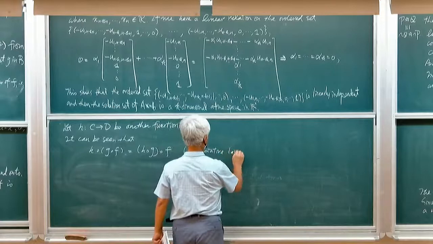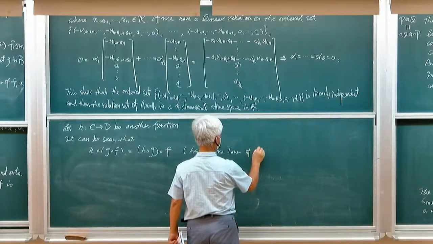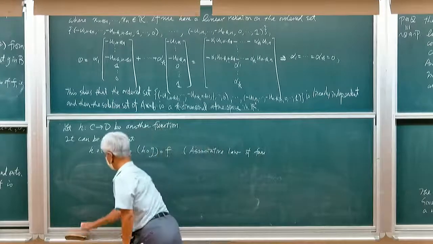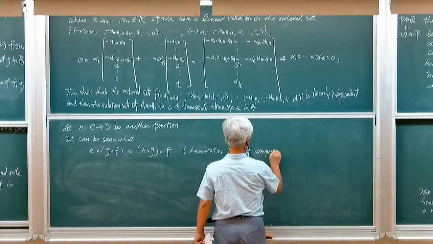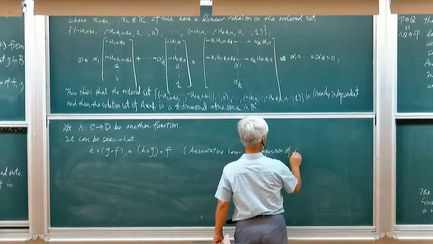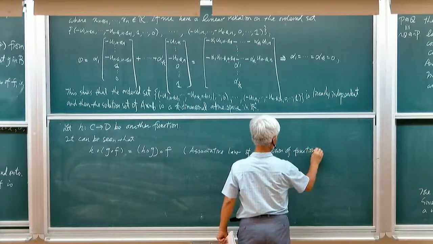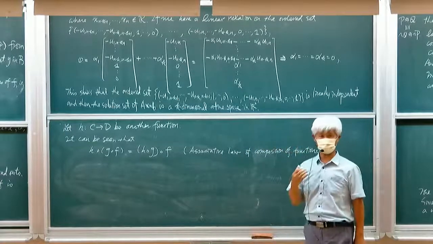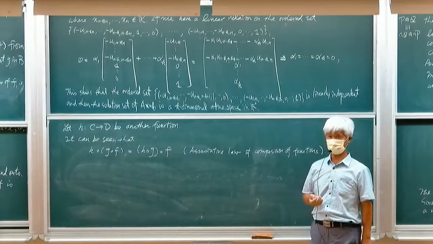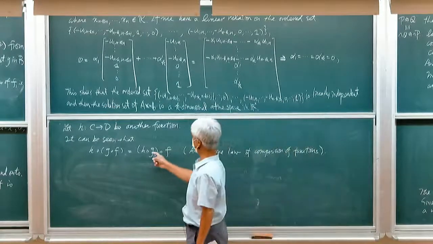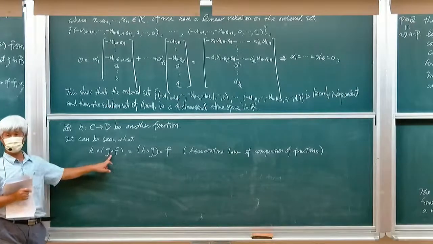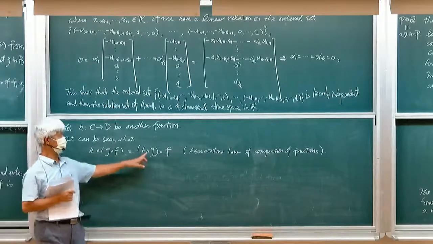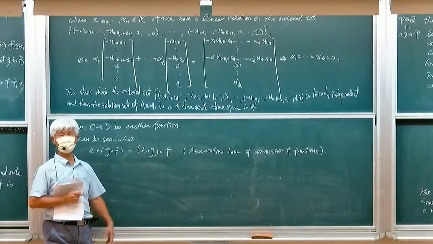So this is an associative law of composition of functions. The order of composition does not matter. You can do this composition first and then this one, or you can do this composition first and then this one.